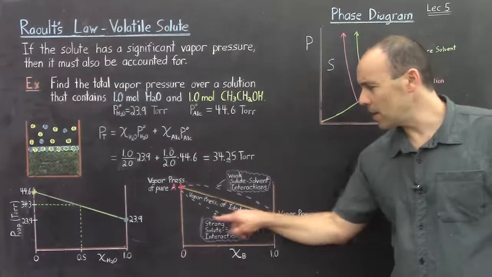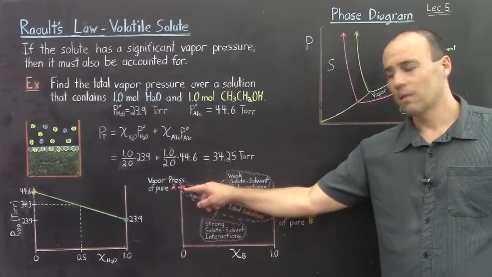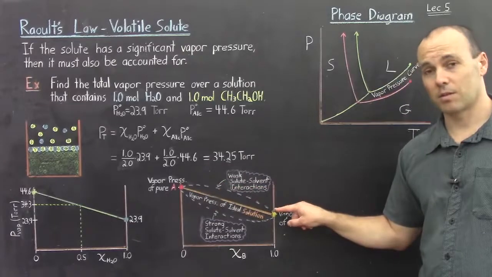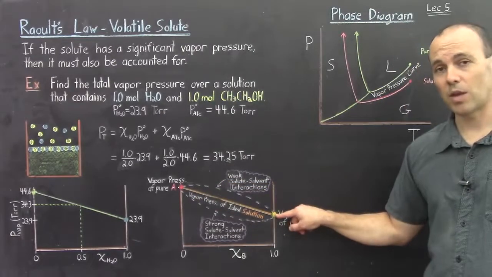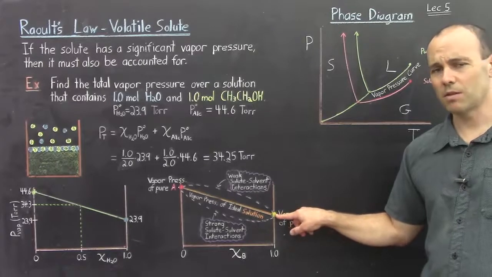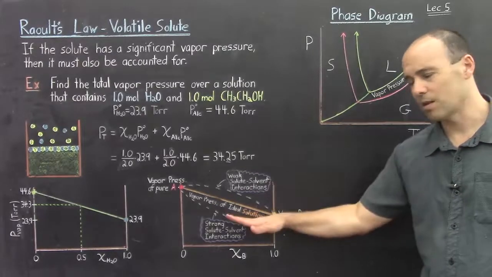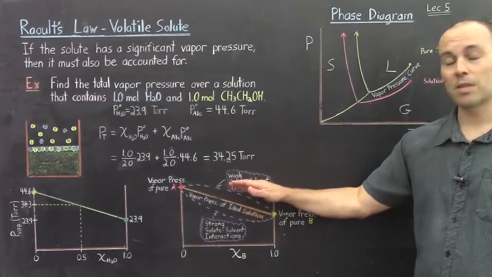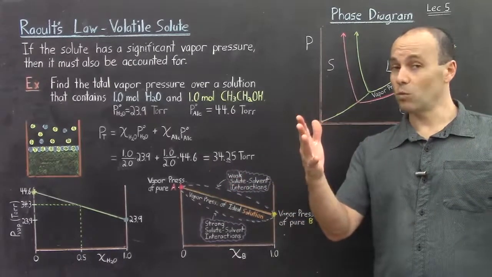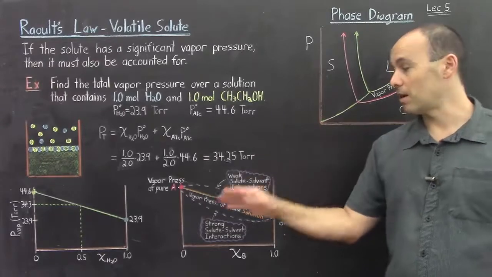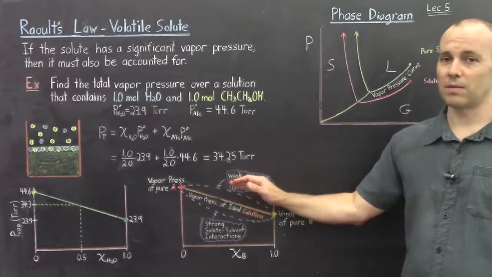We get this deviation from what Raoult's law tells us. Raoult's law tells us to look along the straight line. But if there are interactions, then we can deviate this way. And likewise, in the opposite case, if there are weak interactions between the two components, then it will be easier for them to vaporize, and we'll have a positive deviation.